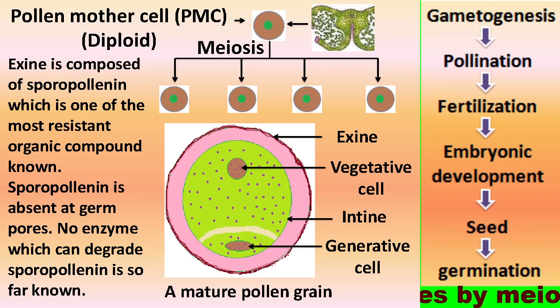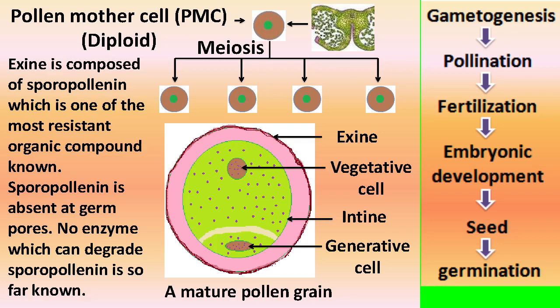So at the germ pore there is no layering of sporopollenin. Now clear up to here. This is a mature pollen grain. This is a male gamete which is surrounded by a very hard covering known as exine.